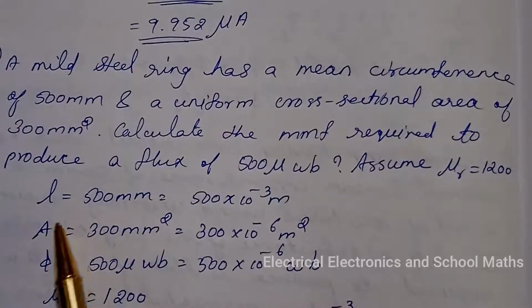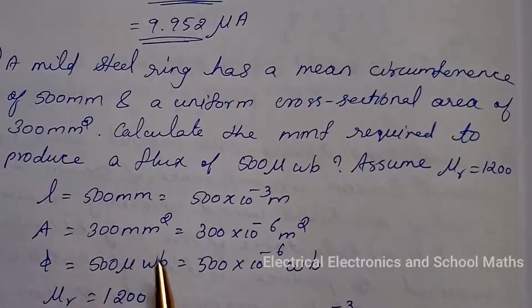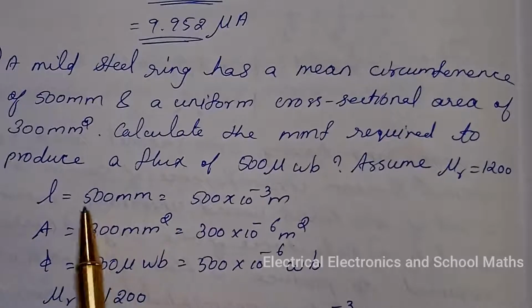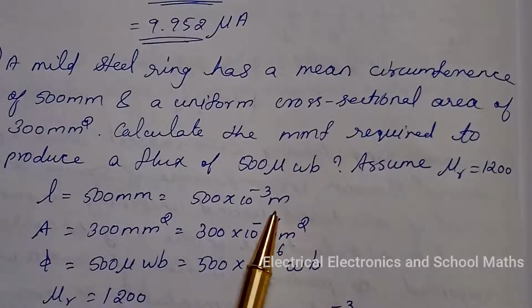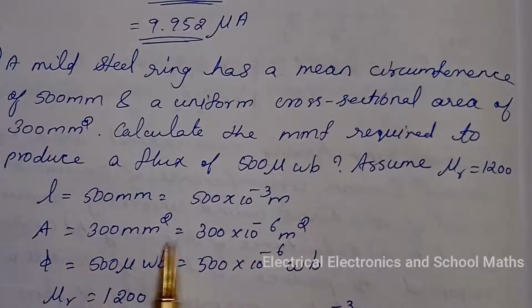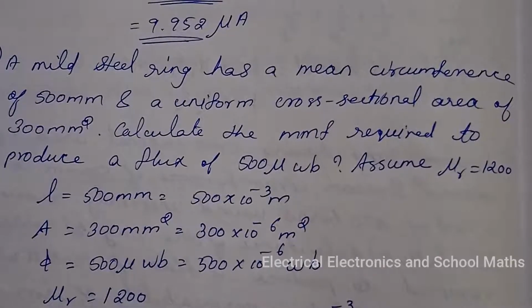First of all, write down the given data in SI unit, that is length is given in millimeter, so convert into meter, also area, and also flux is given in microweber, so convert into Weber, and mu r, that is relative permeability, is given by 1200.